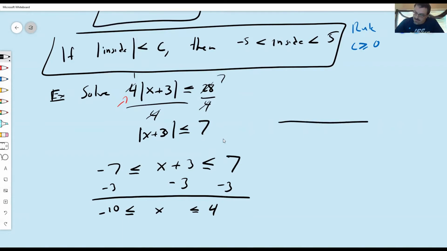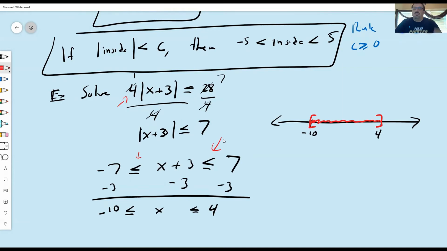So you have to graph a number line for this. I want everything shaded between minus 10 and positive 4. And because this is less than or equal to in both places, put a bracket here and a bracket there.